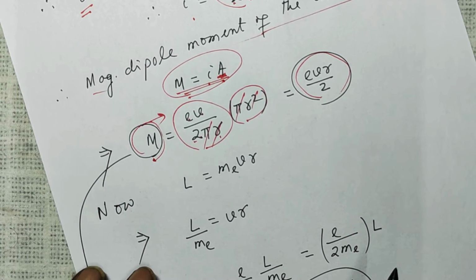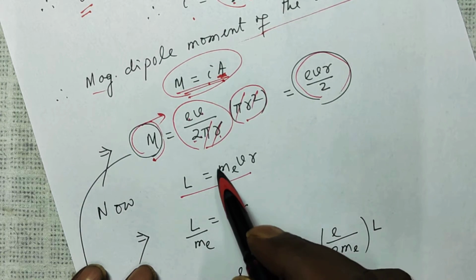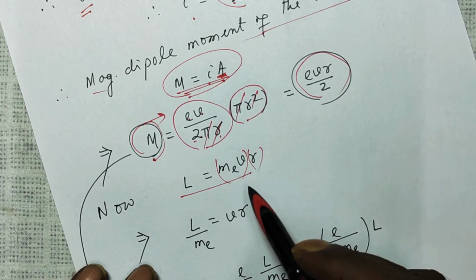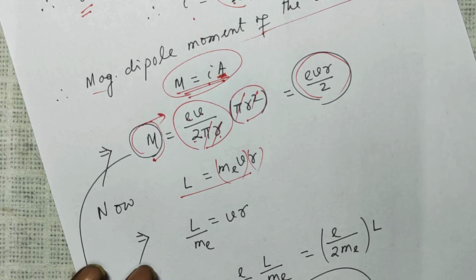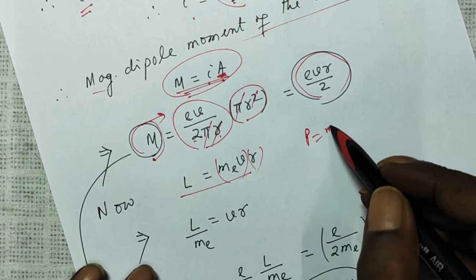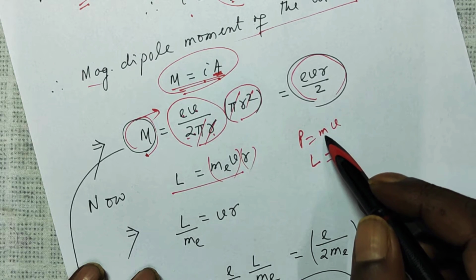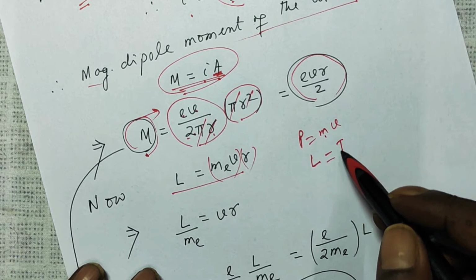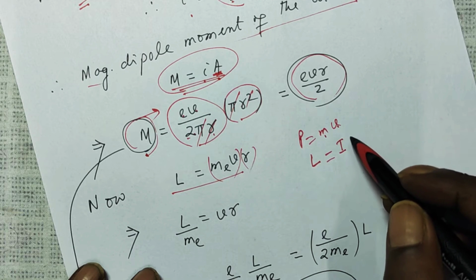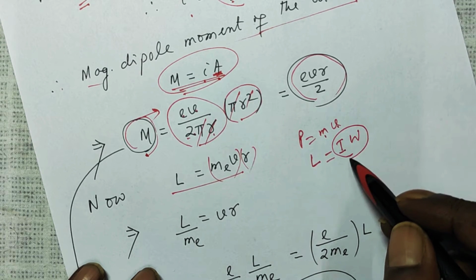Now, we know angular momentum is equal to momentum times the perpendicular distance from the axis of rotation. Now, linear momentum p is equal to mv. There is one angular momentum expression: the equivalent of mass in rotational motion is I, and the equivalent of v in rotational motion is omega. This is one type of expression.